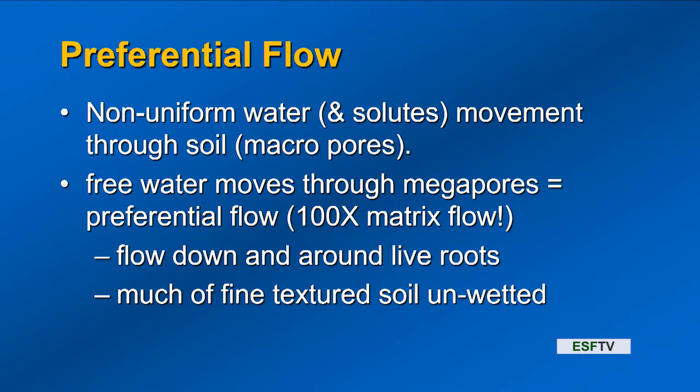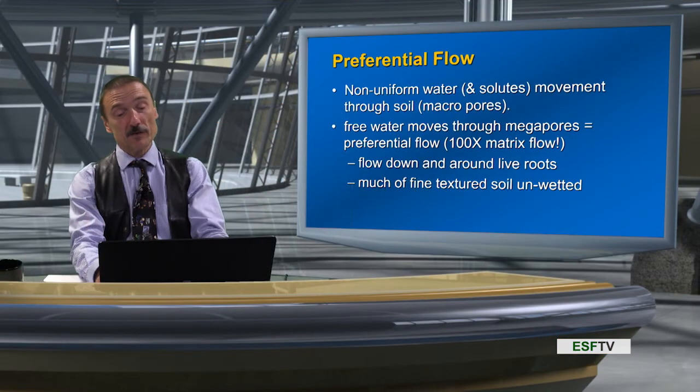And so what can happen is all this water moves through the soil very quickly, and a lot of the fine textures are not wetted. And so this idea of preferential flow, preferential movement, due to this rapid flow through macropores, and most of that water going through, and some of it, much of it, not retained. So do you see the problem?